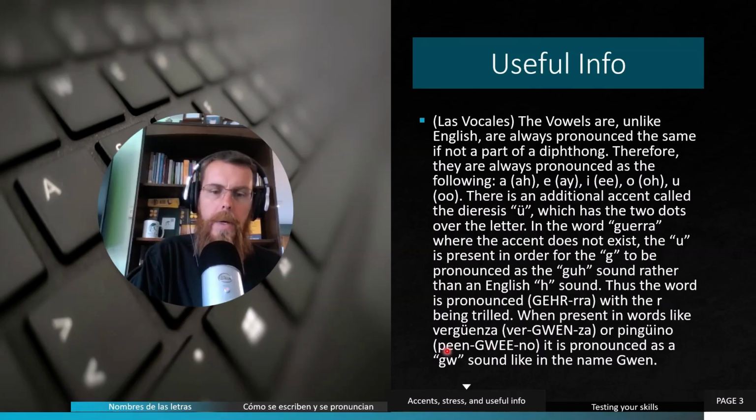In words like vergüenza and pingüino, it causes the U to be pronounced in a diphthong. In English, when you first hear it, it's going to be like a W sound. Gwen, gwino, gwenza. But that's just the diphthong being pronounced. Whereas in guerra, it's not being pronounced, because it's as if the U doesn't exist.